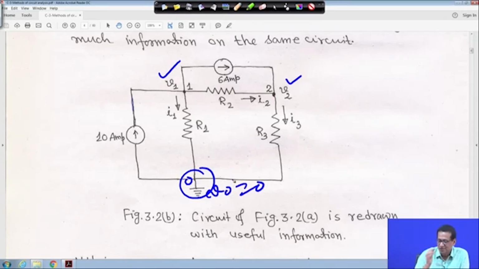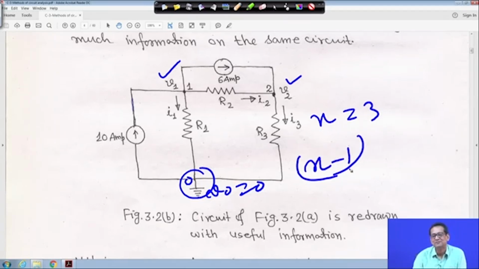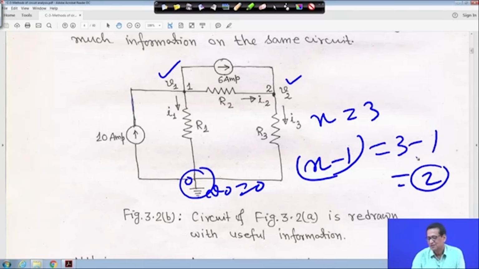So n is equal to 3. You have n minus 1 simultaneous equations for solving, because the reference voltage is 0. So n minus 1 is equal to 3 minus 1 is equal to 2. That means you will have 2 equations and 2 unknowns, V1 and V2, right.